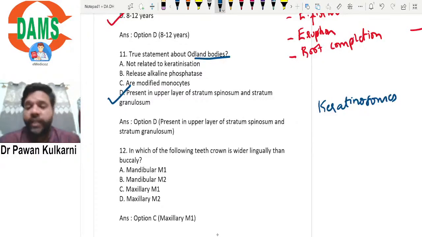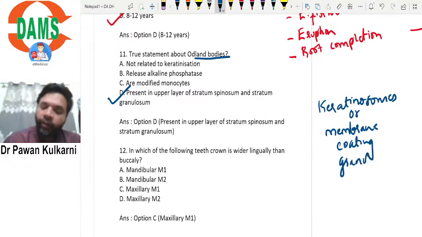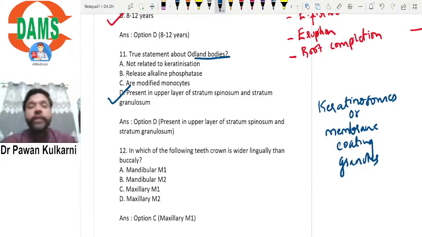Do they release alkaline phosphatase? No, they don't. Odland bodies are also known as membrane coating granules. Sorry, I forgot to tell you. One important function of these Odland bodies is that they contain glycolipids.